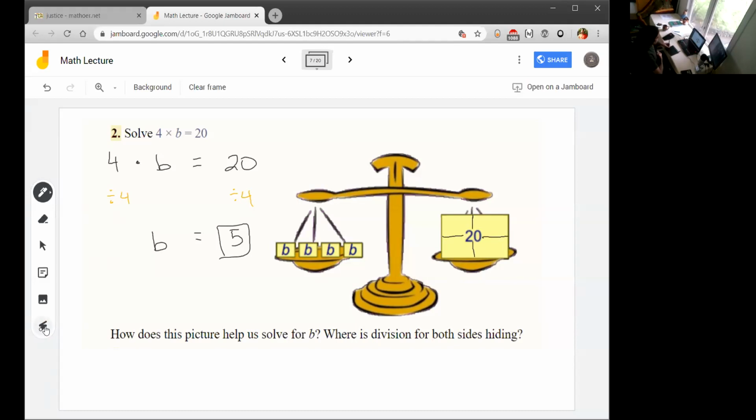So now I have 4 rectangles on one side and 4 rectangles on the other side. The divided by 4 would be, that's kind of thin, I'm going to get rid of most of them. I just have 1 of the 4 rectangles on each side.